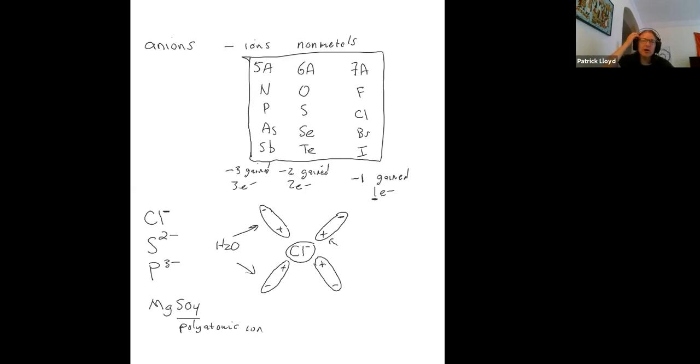And there are several polyatomic ions you should be aware of. So let me write a few of them down. Let me do it this way. So there's a few that have -2 charges. Here's a few that have -1 charges.